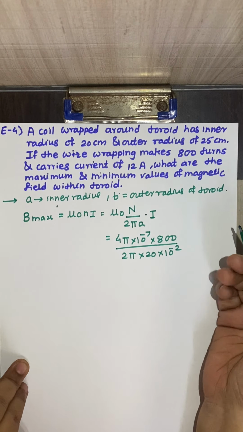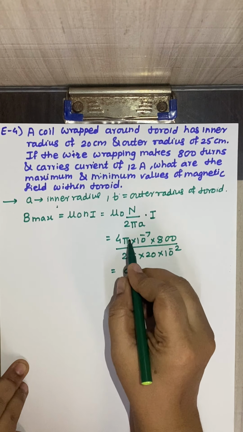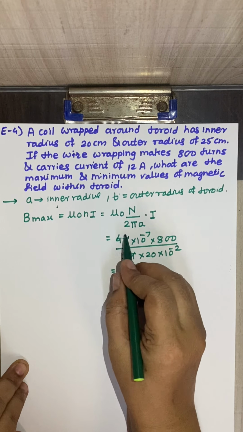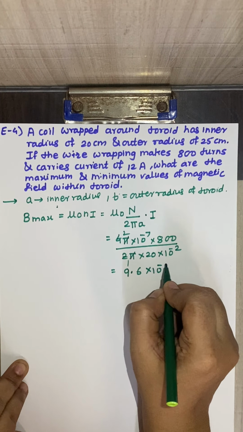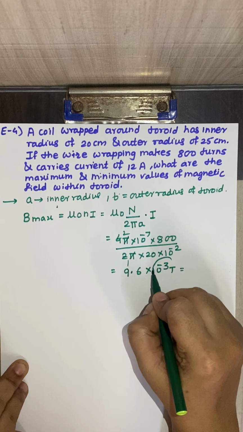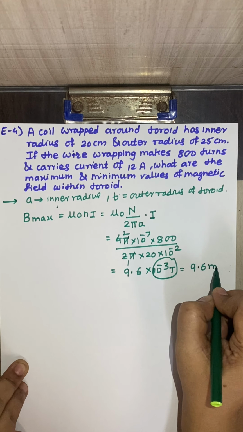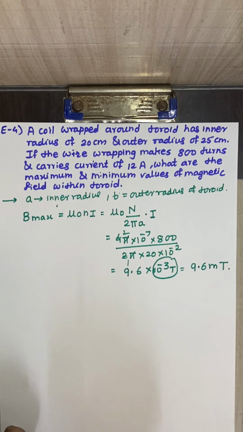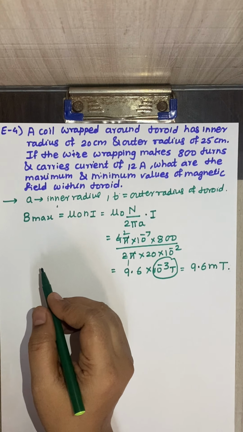So this comes out to be 9.6, we can cancel this out. So it is 9.6 into 10 raised to minus 3 Tesla, or I can write it as 9.6 milli Tesla. So this is the maximum magnetic field produced.